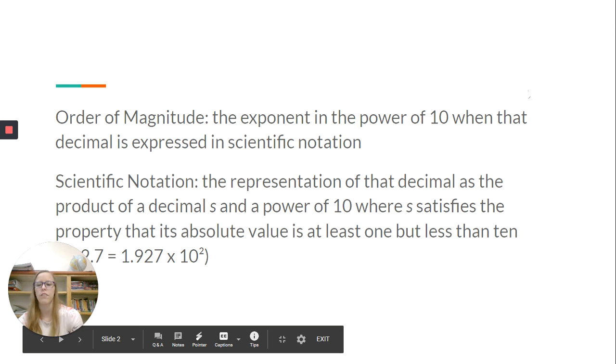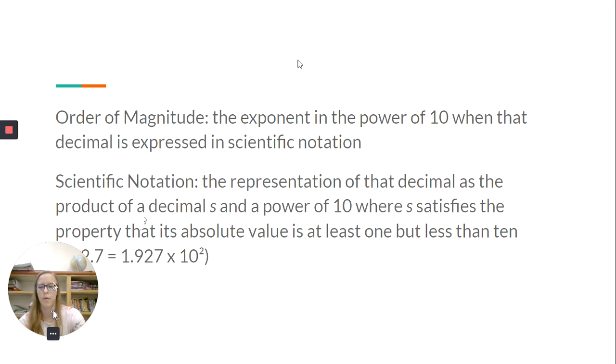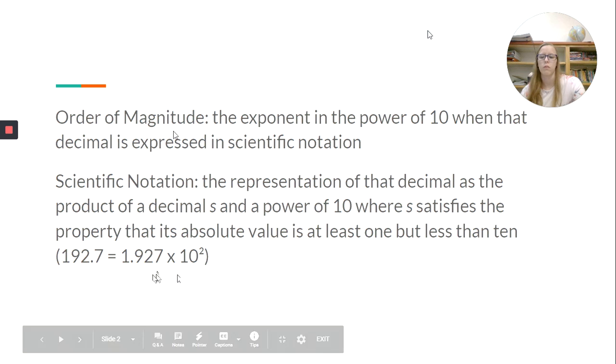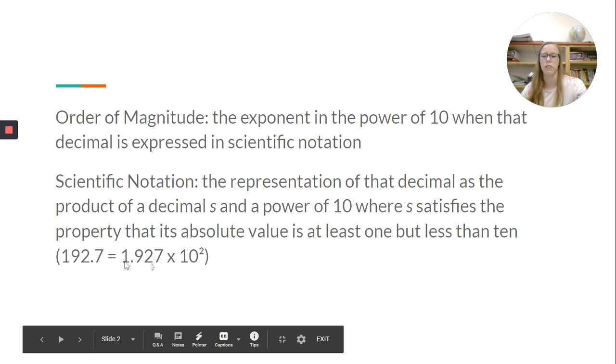Okay, let's look at a couple definitions first here. Order of magnitude: the exponent in the power of 10 when that decimal is expressed in scientific notation. So we have down here kind of an example of that.